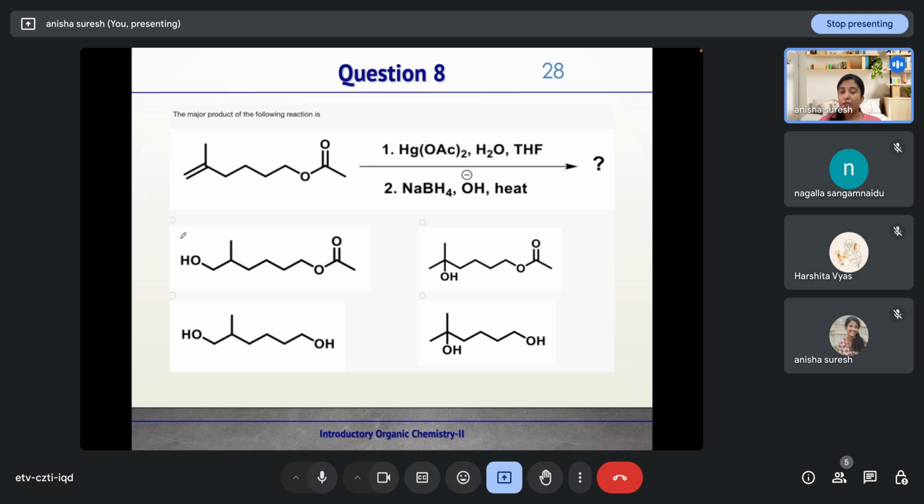The major product of the following reaction is: the alkene is treated with mercuric acetate and then reduced with NaBH4.